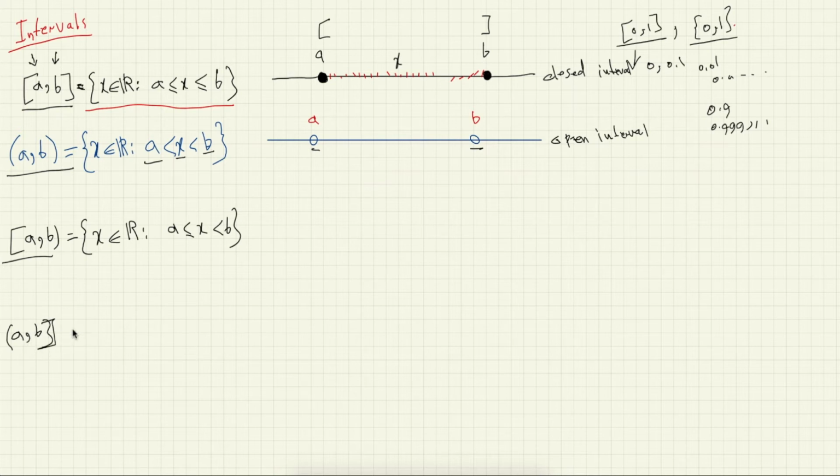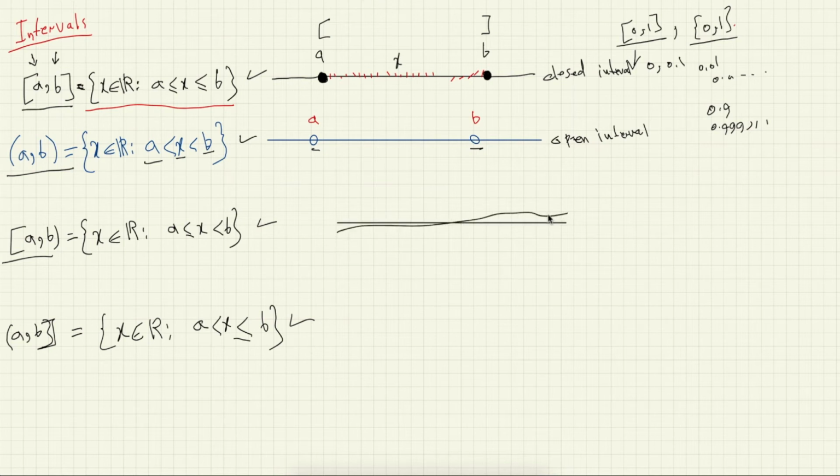Sorry, interval. And we're going to call it x belongs to the real numbers, where a is not included in the interval and b is included. Okay, so we have now the closed interval, open interval, and half open or half closed. If you want to plot these, I think it's too easy, not a big deal.